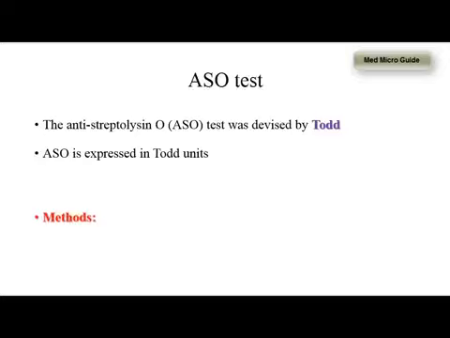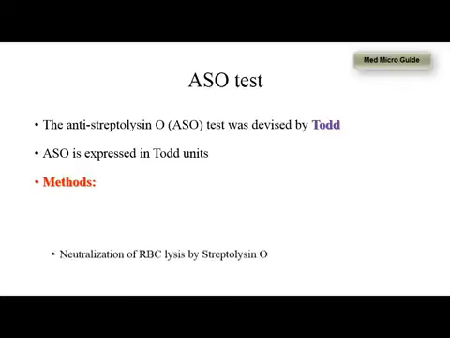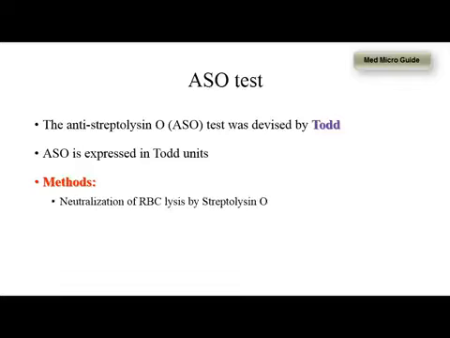The ASO titers can be detected by various methods. The original method of ASO estimation is the neutralization test. This is the reference method, in which the ASO present in the patient's blood will neutralize the streptolysin O, thereby preventing the lysis of RBCs.